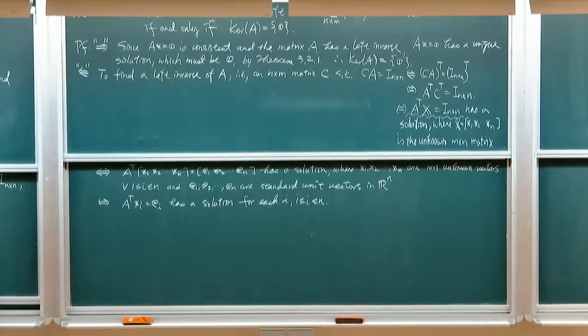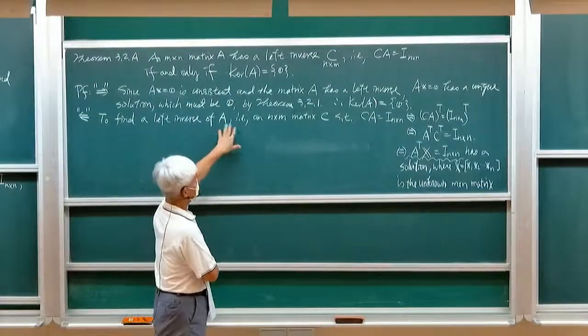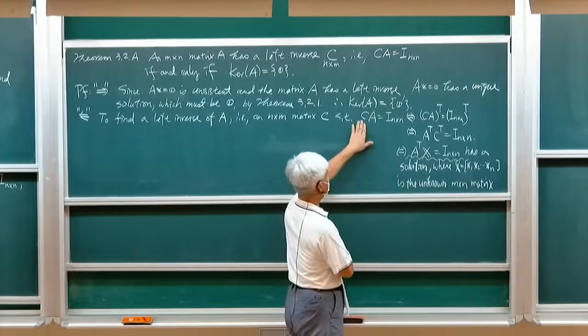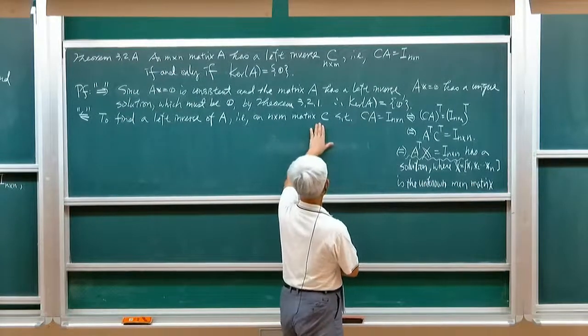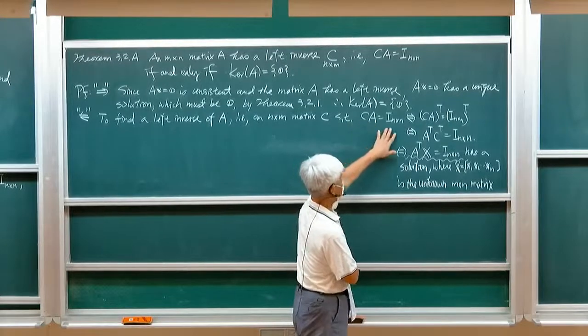Any questions up to now? Because our goal is to find the left inverse of A, and that means that we should find a matrix C multiplied with A equal to the identity matrix.